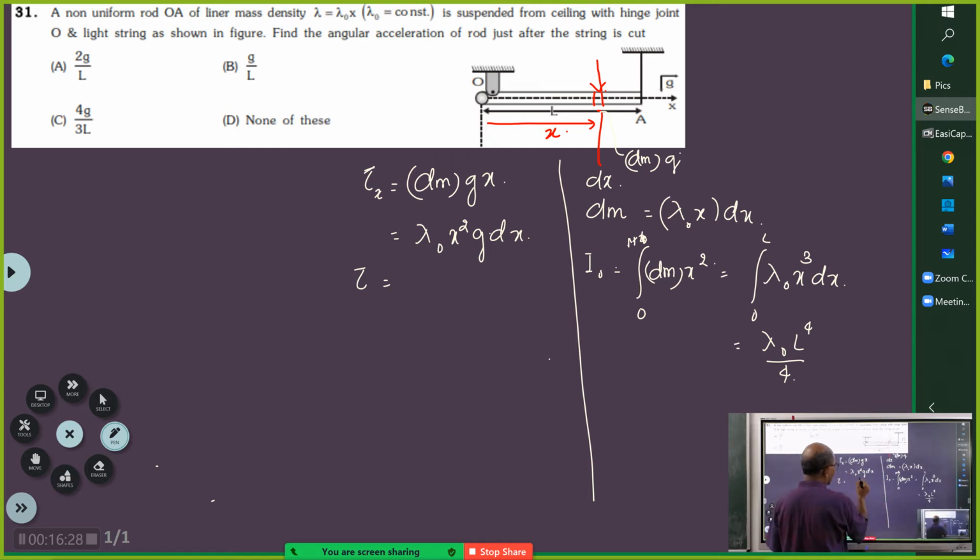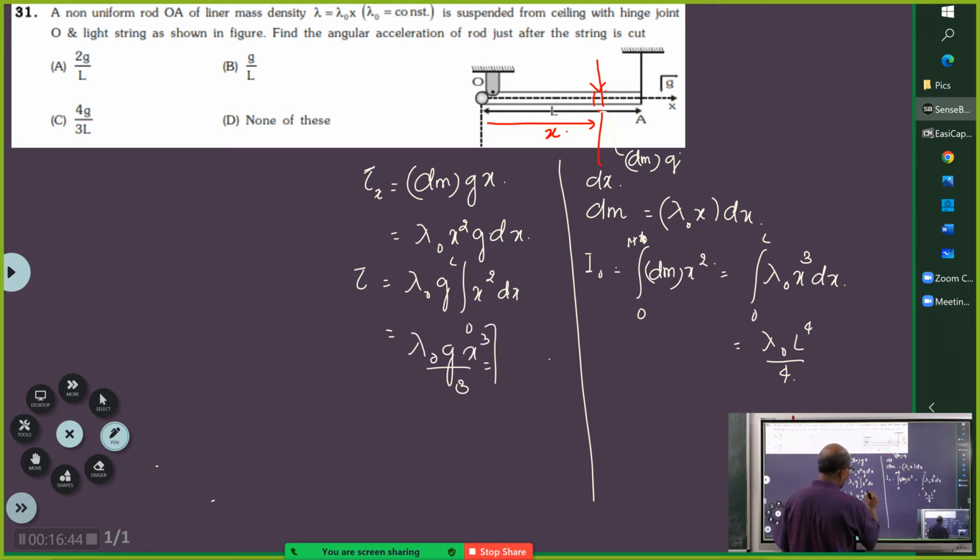So integration of this: lambda naught g will come out, and integration of x square dx from 0 to L gives lambda naught g into x cubed by 3, with limit 0 to L, equal to lambda naught g L cubed by 3.